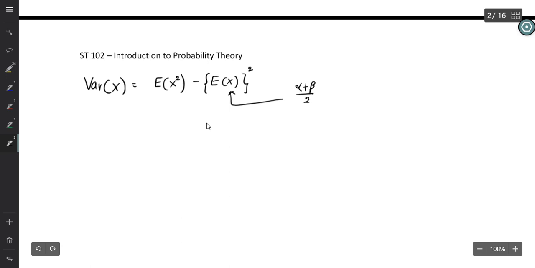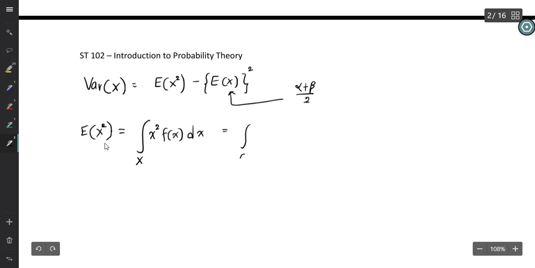And by squaring the whole thing, you can get the second term. Which means first we have to find the expected value of x squared. Again, we use the definition, which is x squared times f(x) dx. So this is the second moment, right? We evaluate it over the support of x.